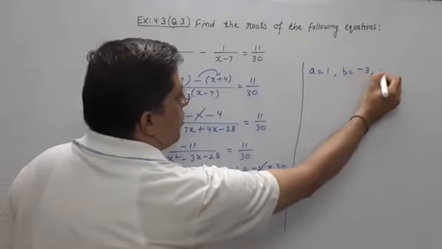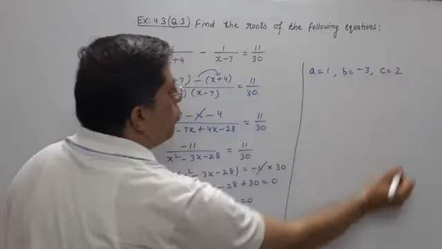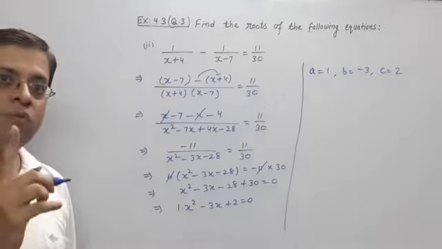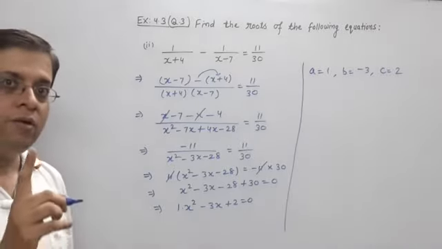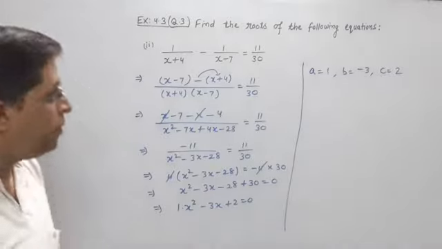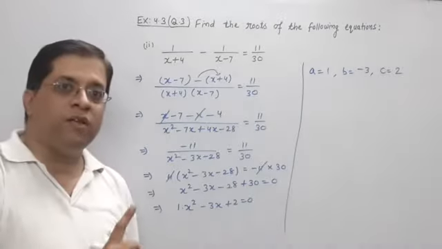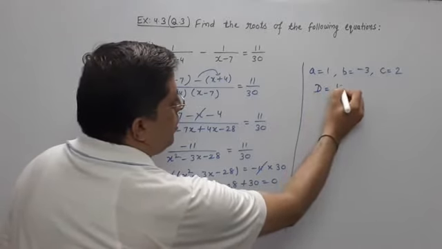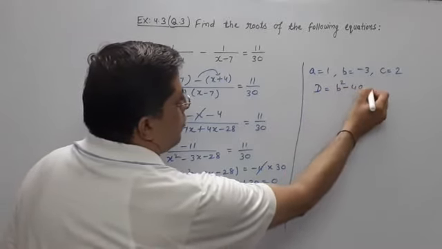First of all, I will get the value of the discriminant d. What is the value of d? D is equal to b square minus 4ac. Okay, capital D is equal to b square minus 4ac.